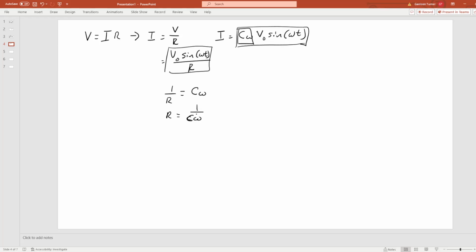Now, we don't call this resistance. What we call this is reactance. And we actually give it the symbol chi sub C. So your reactance acts like an AC resistor.